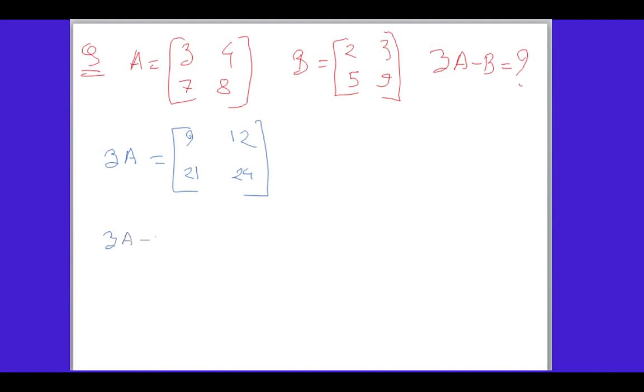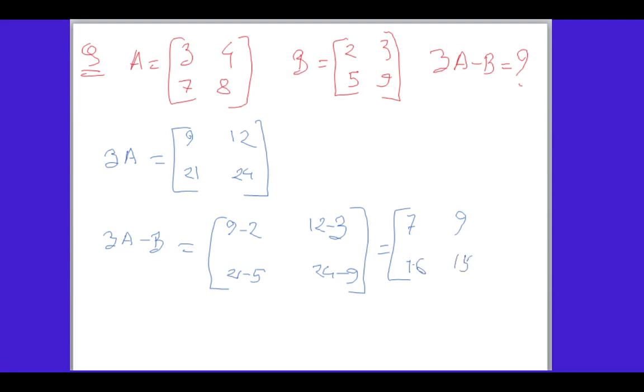So 3A minus B, that means corresponding element minus. 9 minus 2, 12 minus 3, 21 minus 5, 24 minus 9. So 9 minus 2 is 7, 12 minus 3 is 9, this is 16, 24 minus 9 is 15.